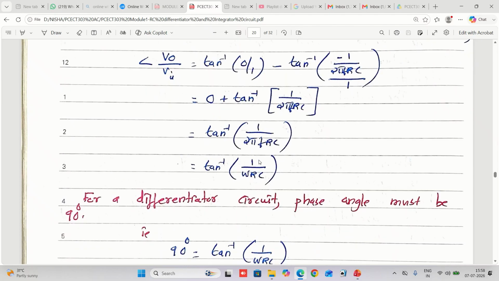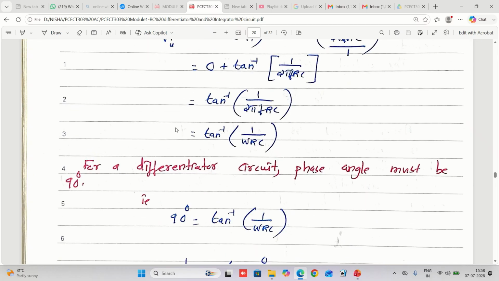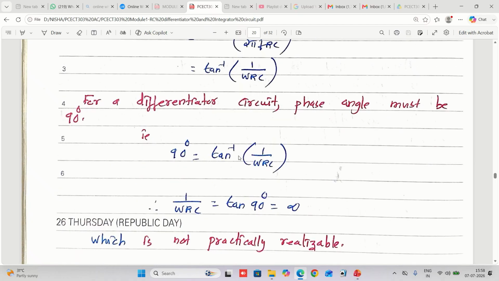The angle becomes tan inverse of 1 by 2 pi f RC, where 2 pi f is the angular frequency omega, so tan inverse of 1 by omega RC. For a differentiator circuit, the phase angle should be 90 degrees. So substituting the angle, 90 degrees equals tan inverse of 1 by omega RC.